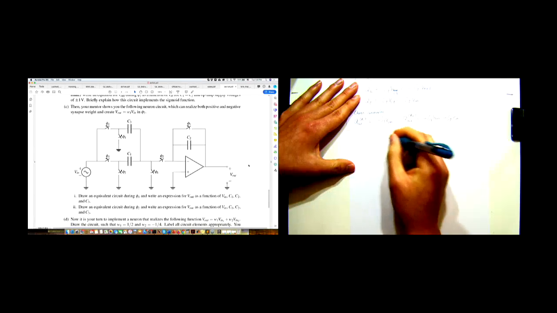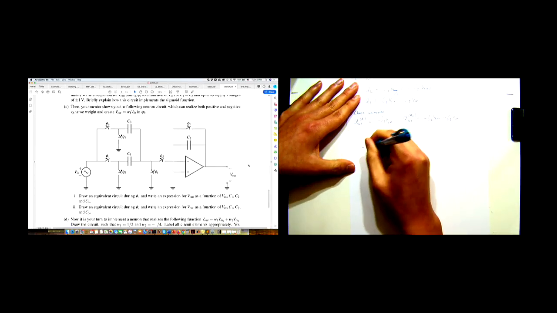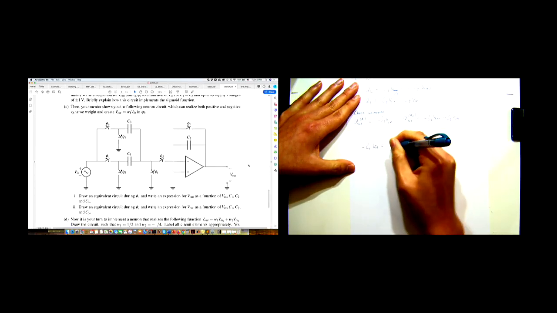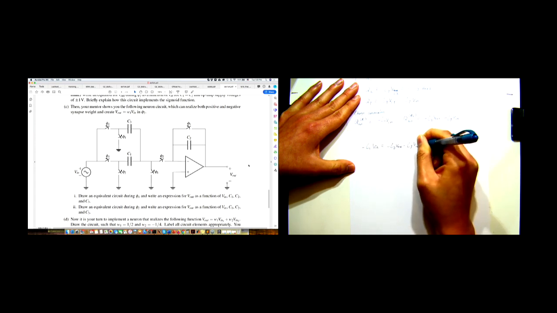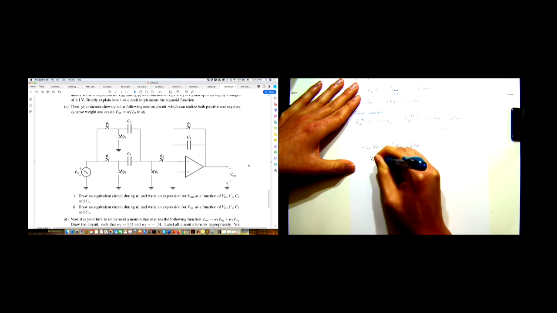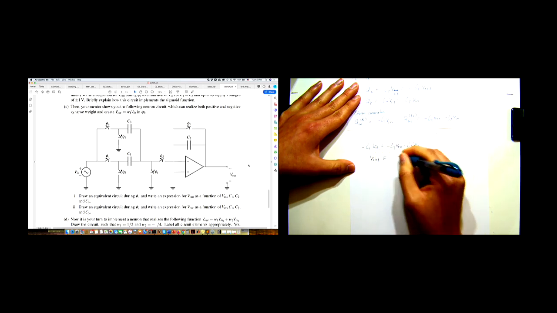So we equate them, and then we can solve for V out.